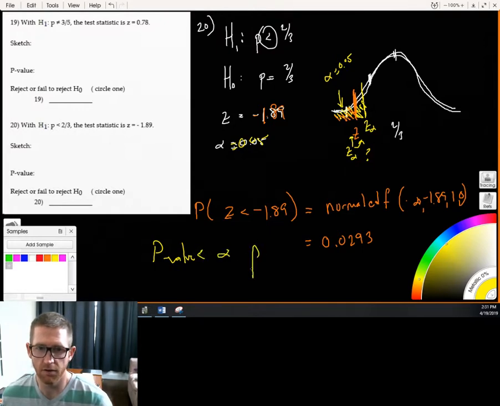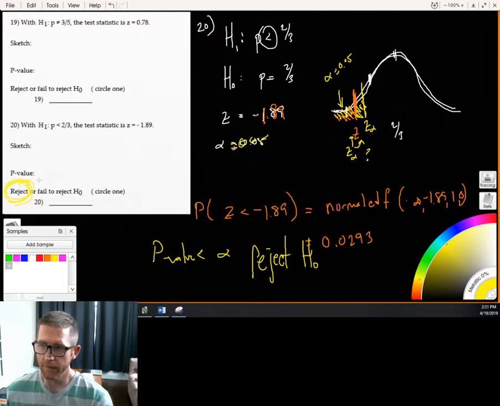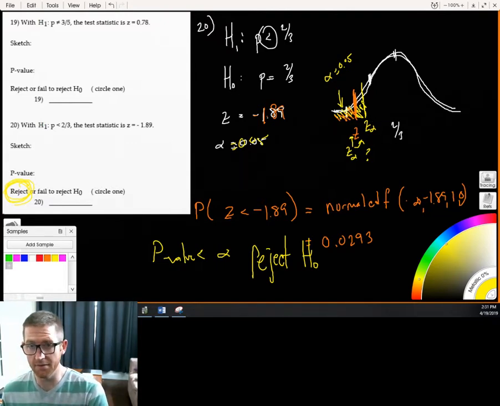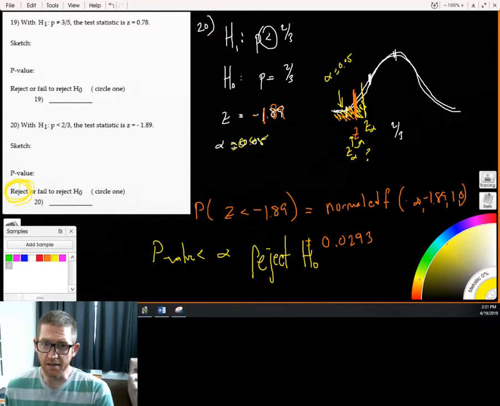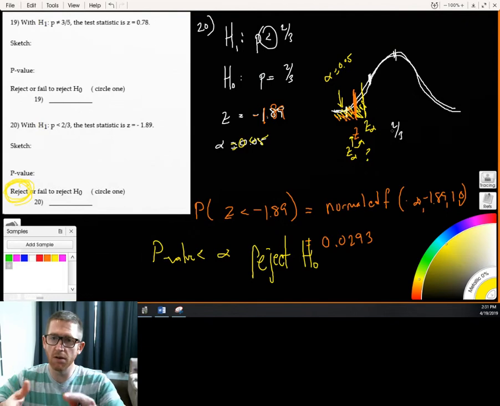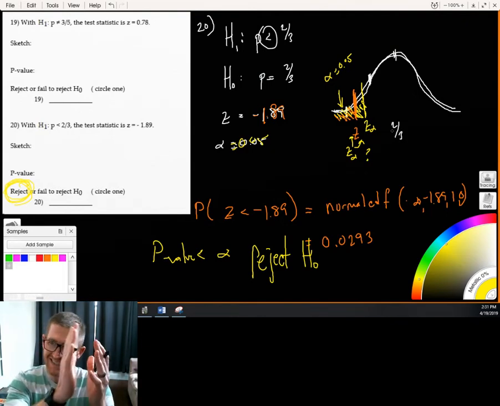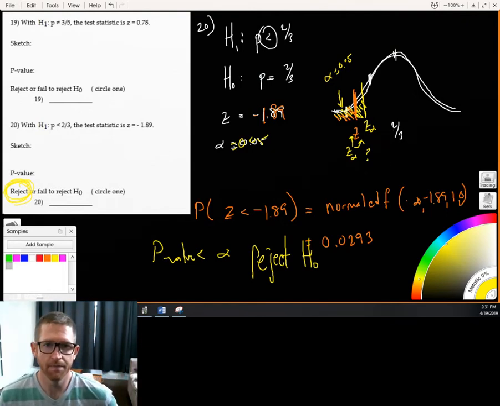We're going to reject that null hypothesis, because the p-value is less than alpha, which is another way of saying that this area to the left of the test statistic is smaller than the area of the critical value, which implies that if that area is smaller, then the test statistic is inside that critical area. That's why we can make a statement like this, basically just comparing the p-value to the alpha significance level.